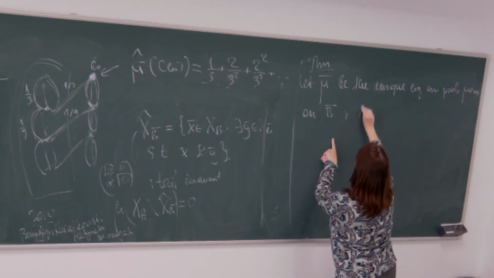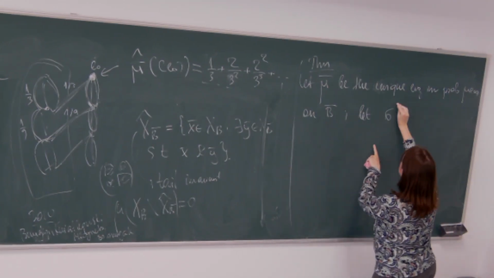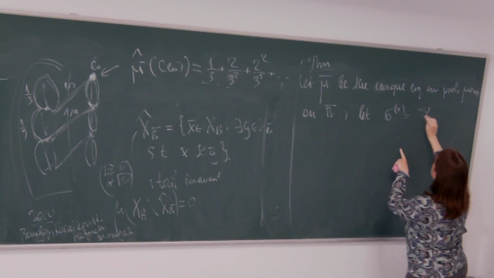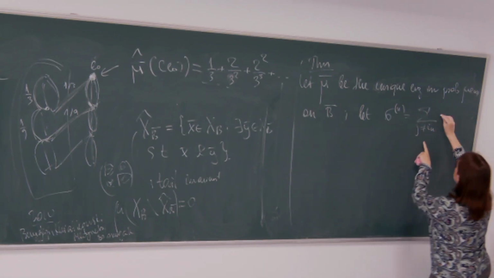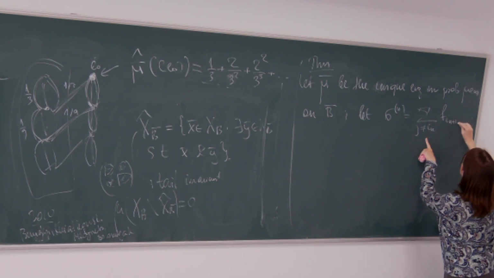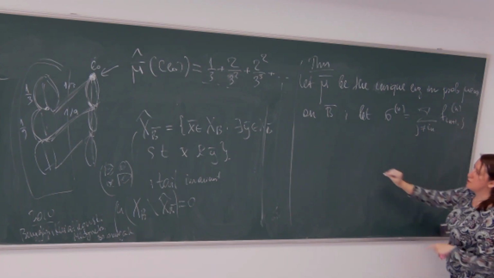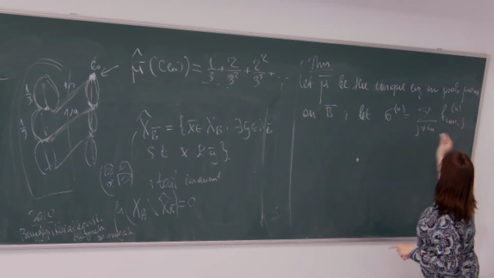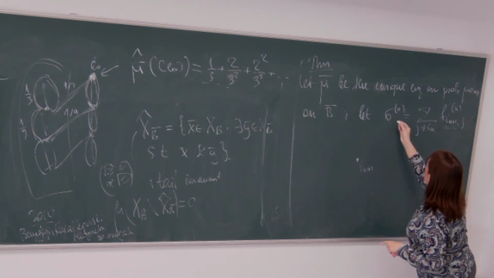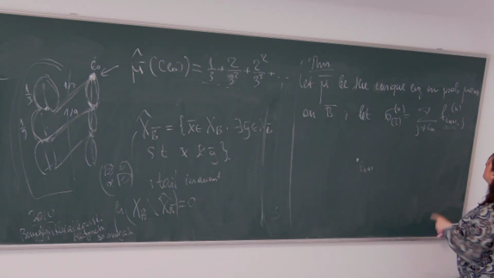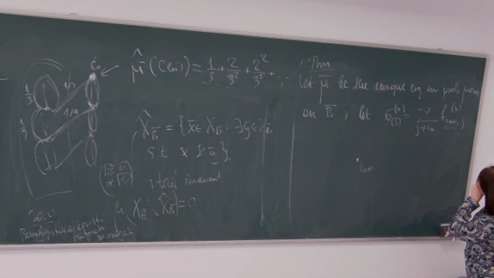And let us denote by sigma n the sum of the entries of the incidence matrix. So we have here a vertex In plus 1, so it depends also on our choice of i's.